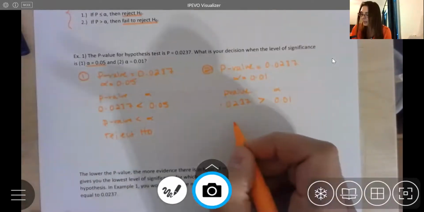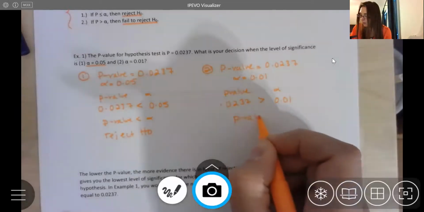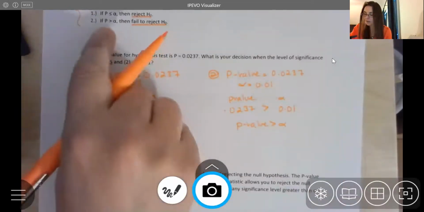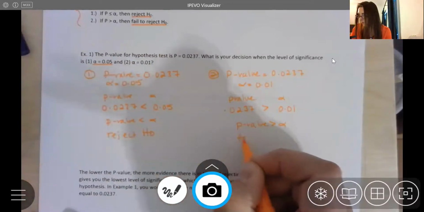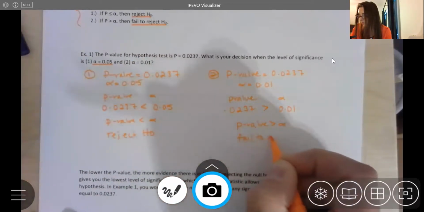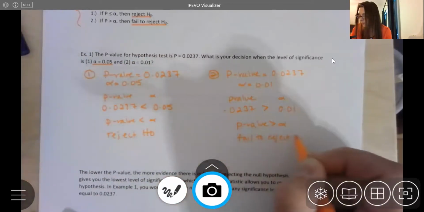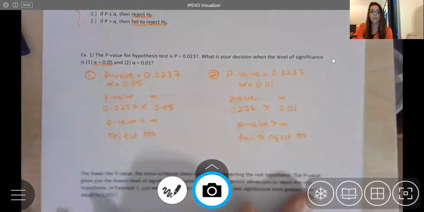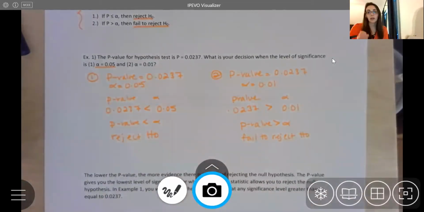So we're basically saying here our p-value is greater than our alpha, so we're going to fail to reject. So that alpha plays a really key role sometimes in whether you're going to reject or not reject. And remember that alpha represents your type 1 error, just as a little side note.